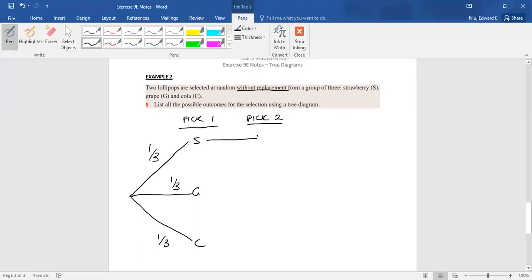So that means there's only a grape and cola left. So you can get a grape or you can get a cola, and you've got now a half chance of getting each.